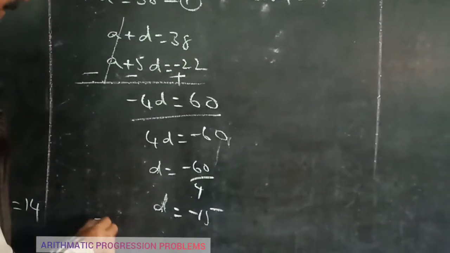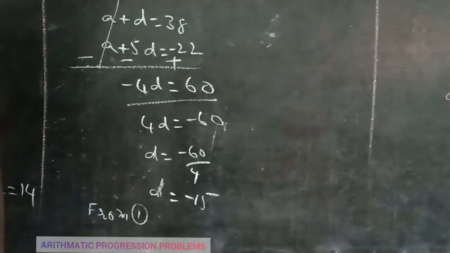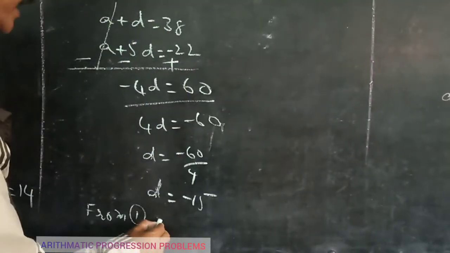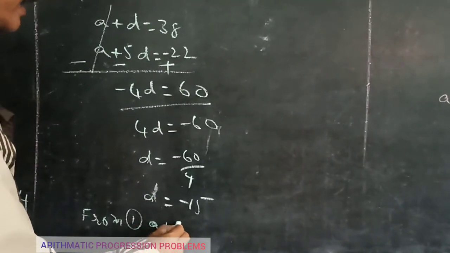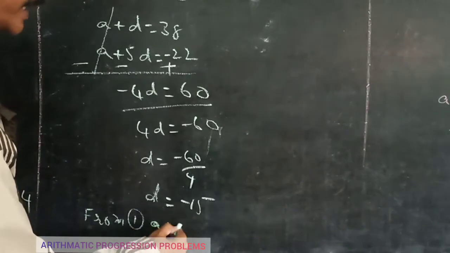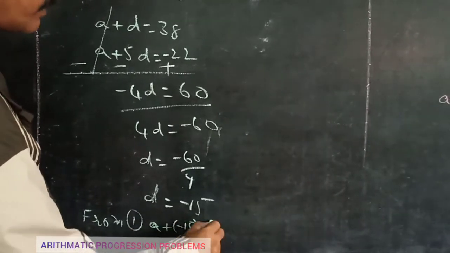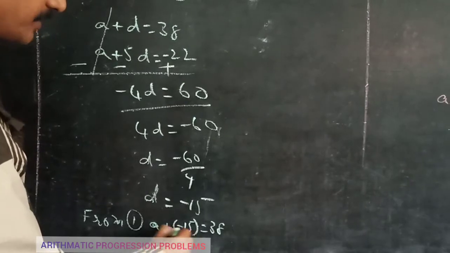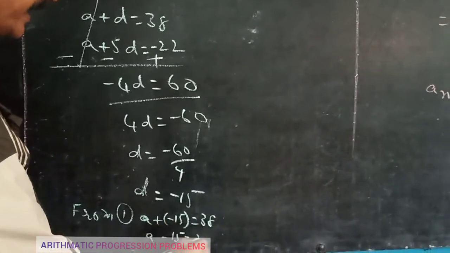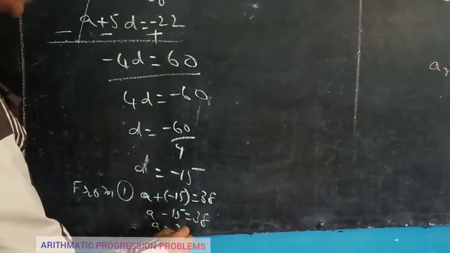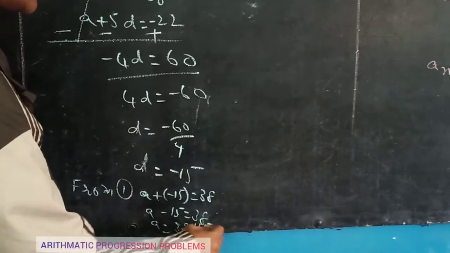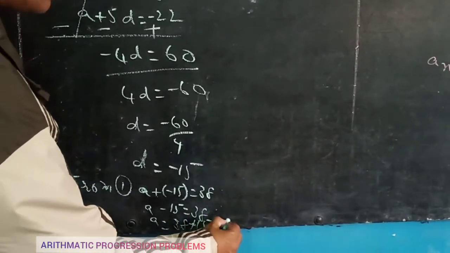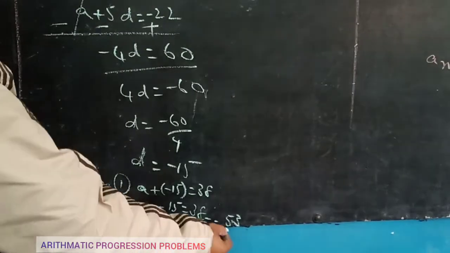So from 1, a plus d is equal to 38. a plus (minus 15) is equal to 38. Then a is equal to 38 plus 15. 38 plus 15 is equal to 53. Then a equal to 53.